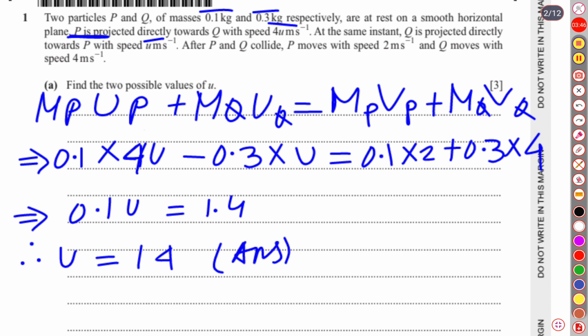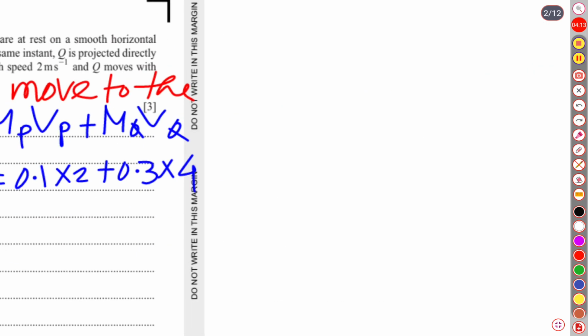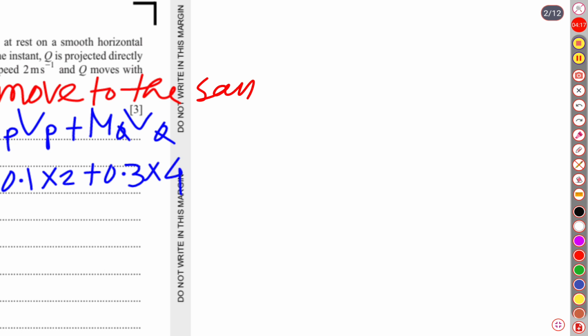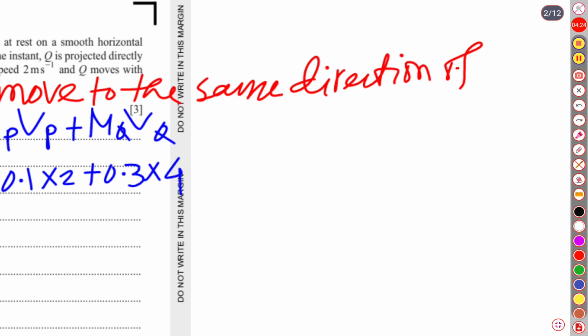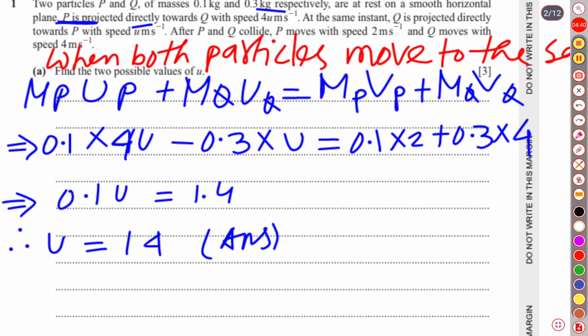They have told us to find both the values. Here you can mention that when both particles move in the same direction after collision, this is the value of u.